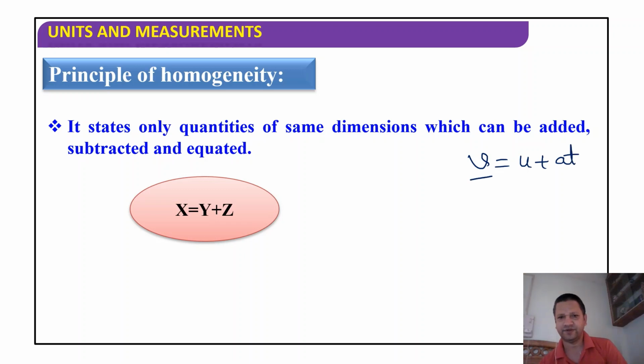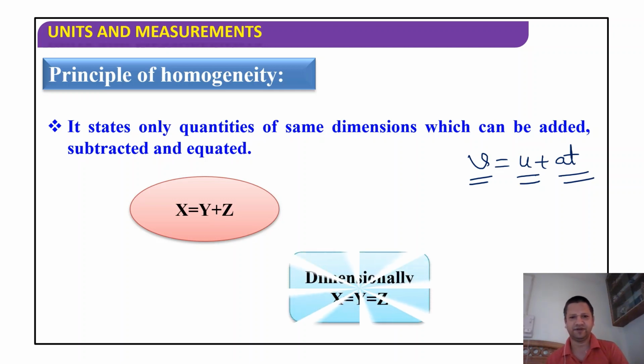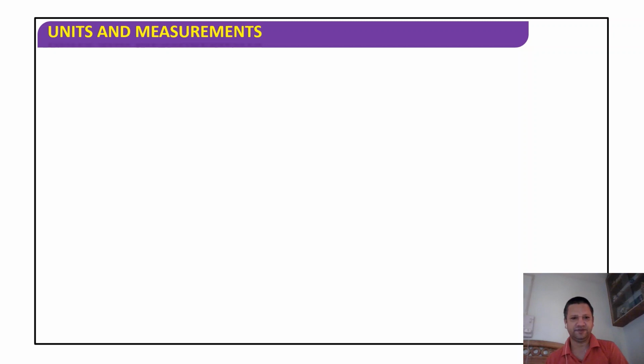So the dimension of v must be equal to the dimension of u, which must be equal to the dimension of a into t. If they are dimensionally equal, then these formulas can be valid. Although there is a restriction, the sign may be positive or negative. That is the application of this one. So let us continue.